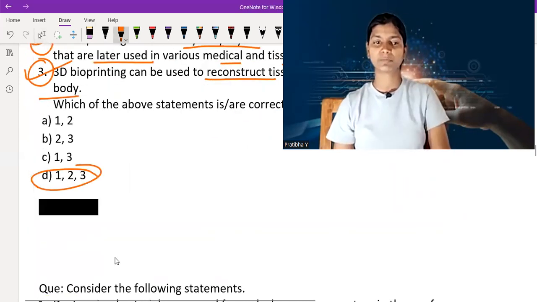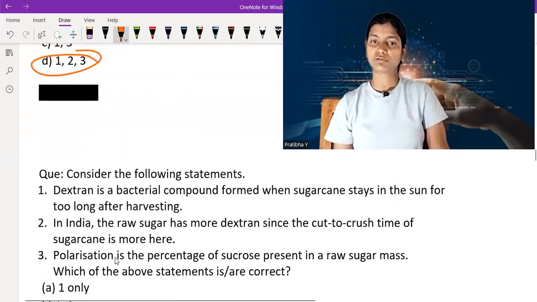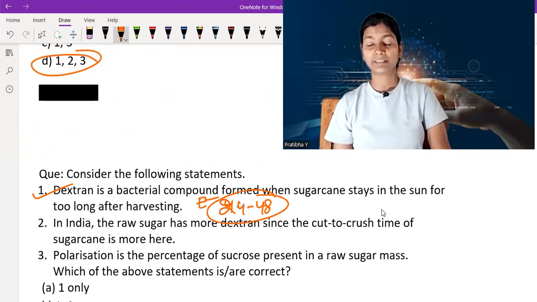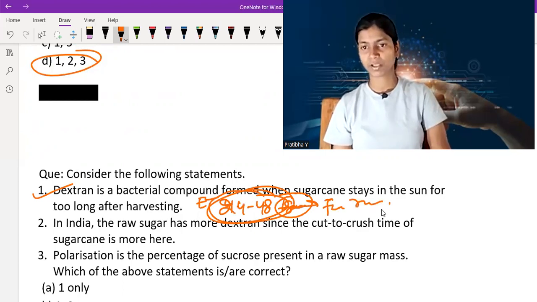What is the following statement? Dextran is a chemical compound formed when sugarcane is kept for a longer time after harvesting, like in Europe. They keep their sugarcane in the field for 24 to 48 hours after harvesting. Dextran is found in the raw sugar of European and Southeast Asian countries.